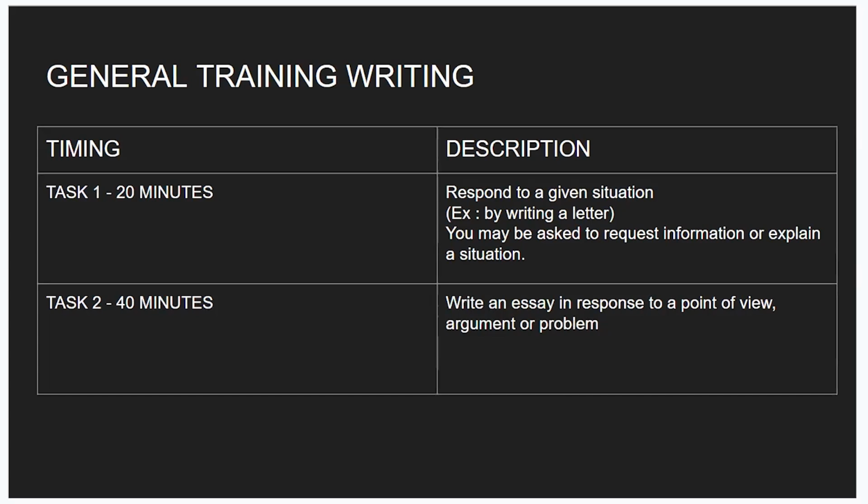So in general training, they may ask you to respond to a given situation, for example, by writing a letter or preparing a resume or something like that. You may be asked to request information or explain a situation. That is how task 1 goes on.